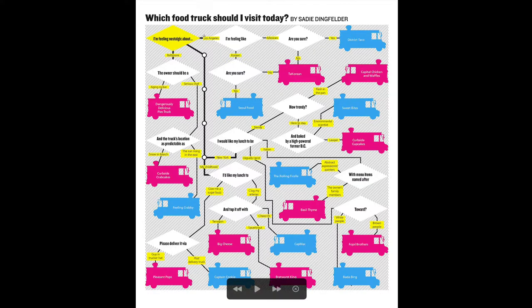But because of the question, you're learning something about the destination when you get there. So I'm feeling like, so that you have a choice of Korean or Mexican. And the question is, are you sure? And the no in both cases gets you to Ta Korean, which is a Korean taco place. But if you're sure that you're feeling like Mexican, it takes you to District Taco.